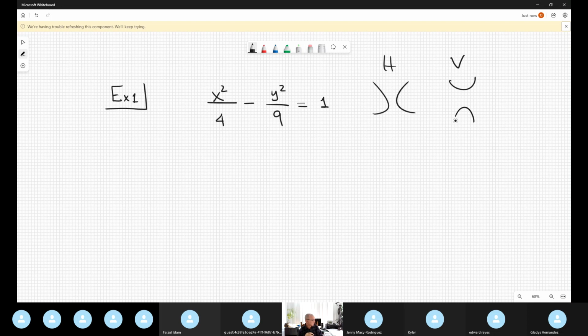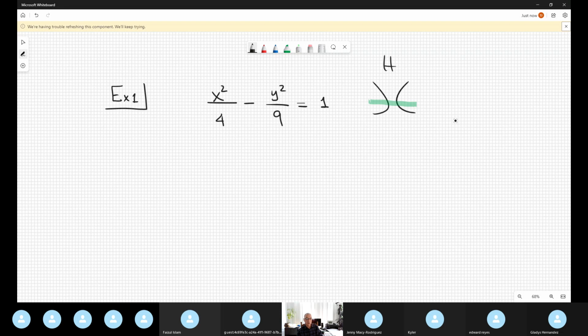Eyes, use eyes. Horizontal, yes, because the transversal axis is like that, because the positive part is associated with x. This situation is when the y is positive, but not in this example.